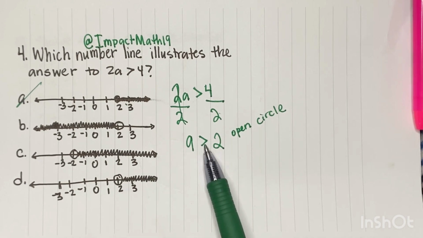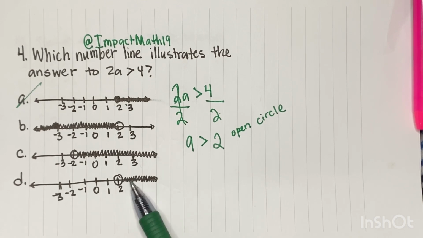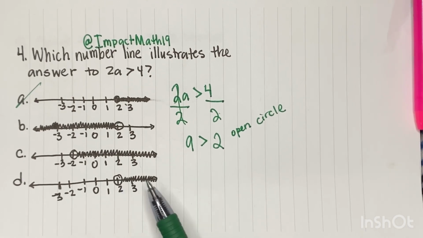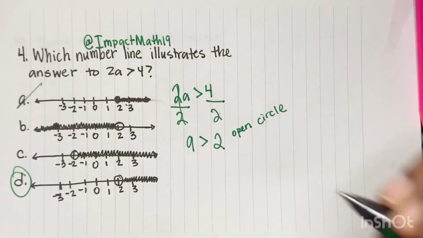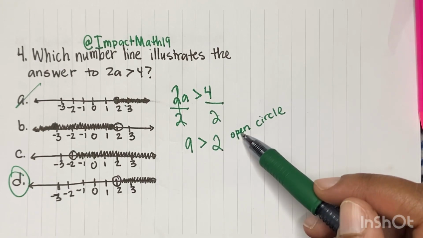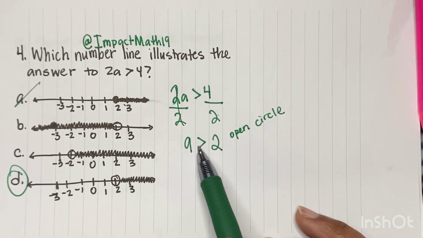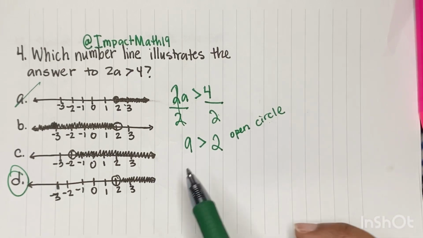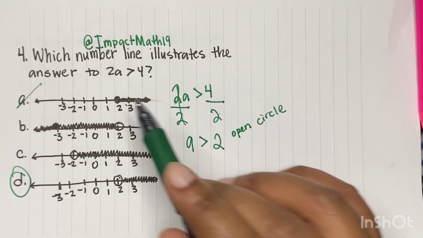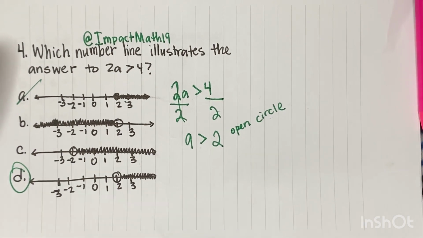If you understand that this is greater than, then all the numbers greater than will be shaded. Since 3, 2.5, all this is greater than 2, D is our answer. So remember, open circle if you have just a greater than or less than without the line underneath. If it has the line underneath, it's a closed circle. That means it's included.